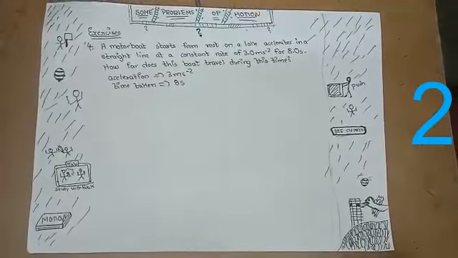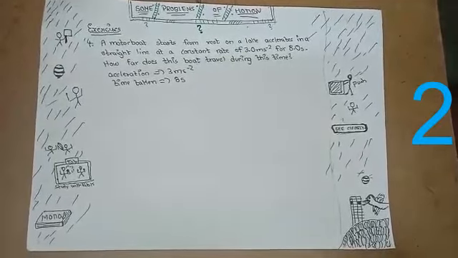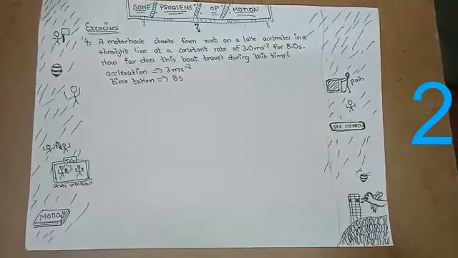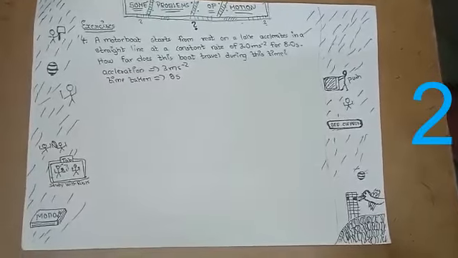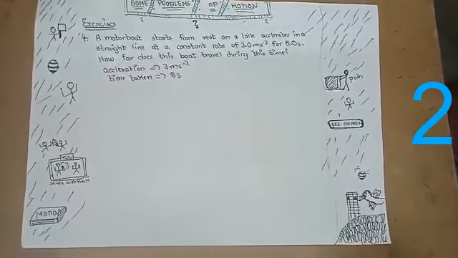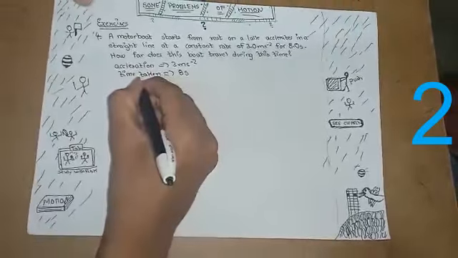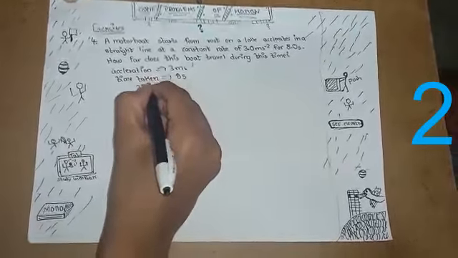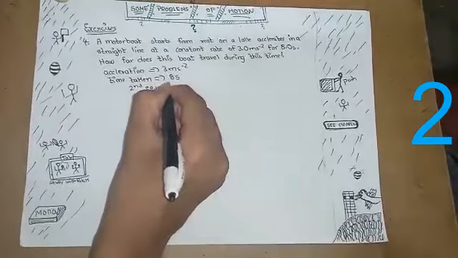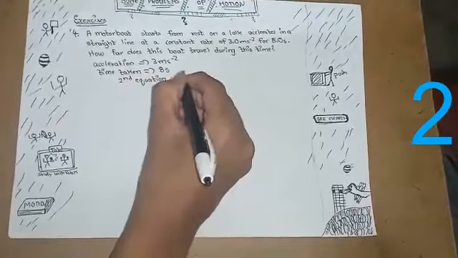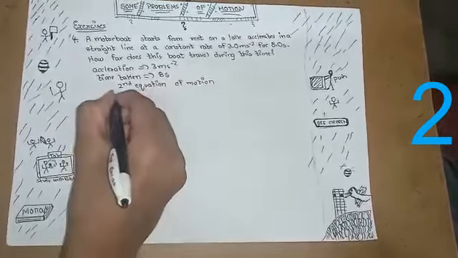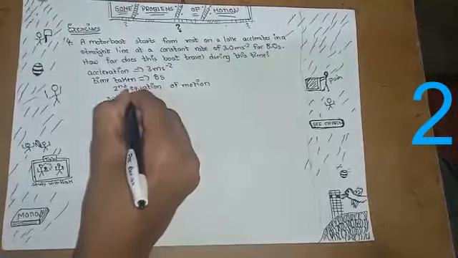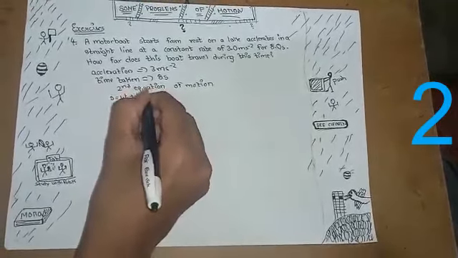In the second equation of motion, distance is there, so possible. In the third equation of motion the distance is also there, but there is no time. So the correct equation is the second equation of motion. So now we're going to work with the second equation of motion, s equals ut.